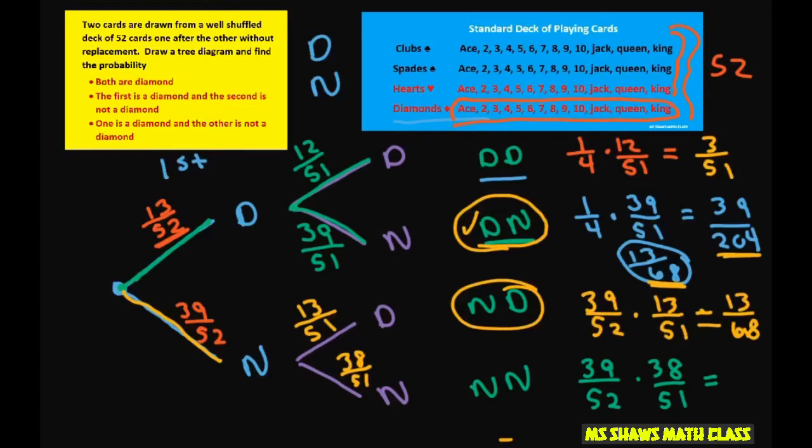So you just multiply that by 2, and you're going to get 2 times 13 out of 68. And that's going to give you 39 out of 102.